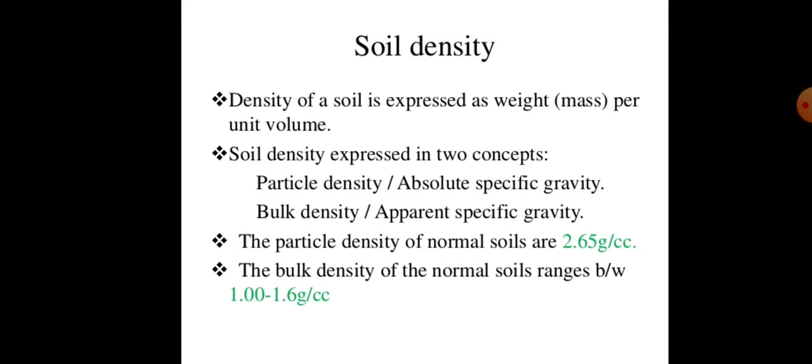The particle density of normal soil is 2.65 gram per cc, and the bulk density of normal soils ranges from 1.00 to 1.6 g per cc. Okay, this is the soil density.